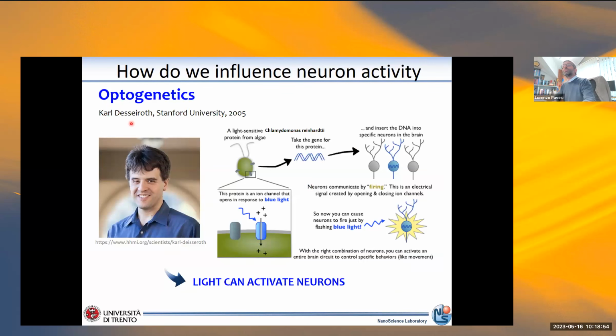This is a technique proposed by Deisseroth in 2005, by which you insert light-sensitive proteins in the membrane of the neurons, and by shining blue light you activate those proteins in such a way that the ionic channel at the membrane of the neurons opens, so that the electrical activity of the neuron is activated. In this way, you can use light to activate the neurons.